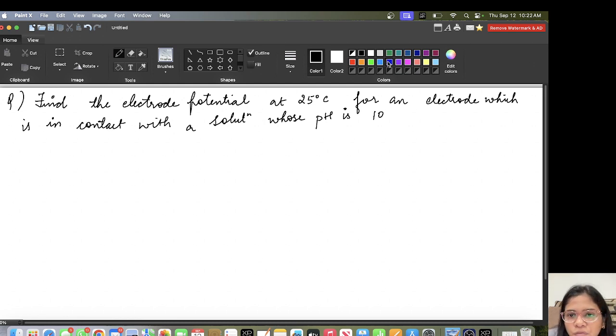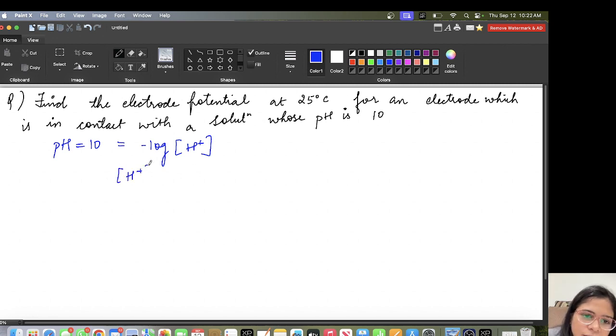If you know the equilibrium topic, you know the pH formula: pH equals minus log of concentration of H+. So what is the concentration of H+ here? Just take the antilog, so it will be 10 to the power minus 10 M.